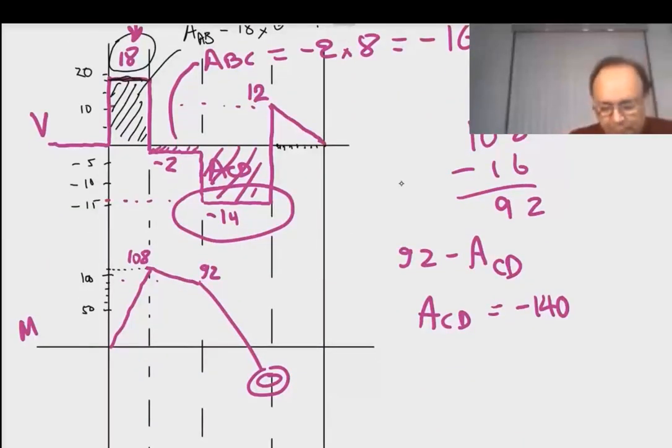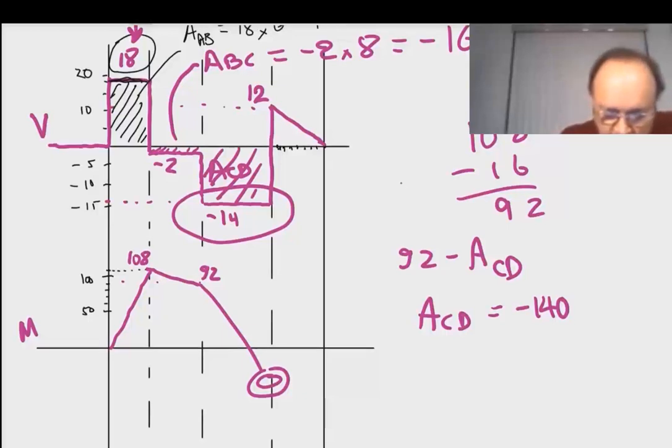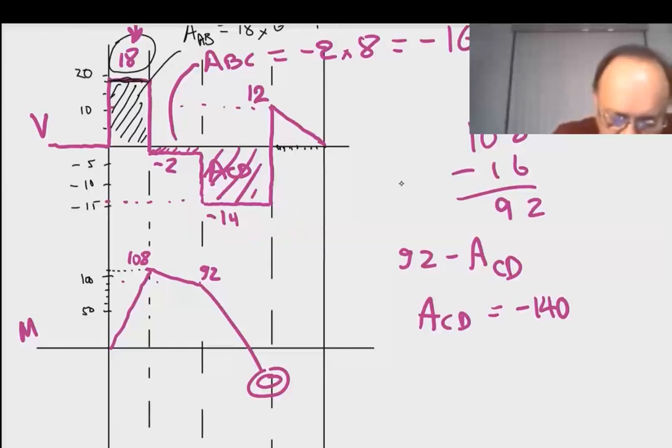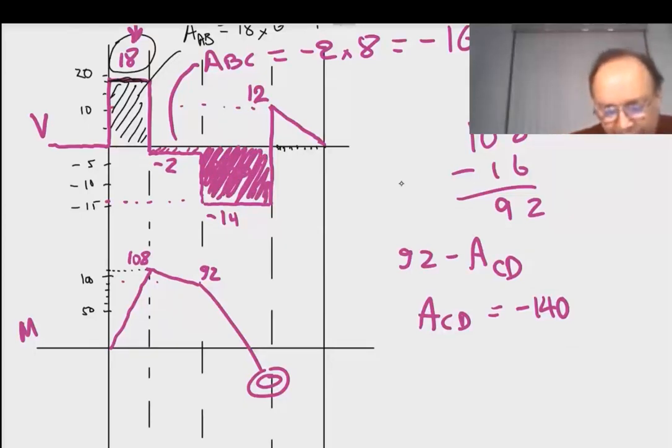140? Shouldn't you go from 2 though, because you're starting at -2, or is it from B? Is the area of this figure here, right? Is the area under the shear diagram. The area under the shear diagram is all the way from this value to the value here.